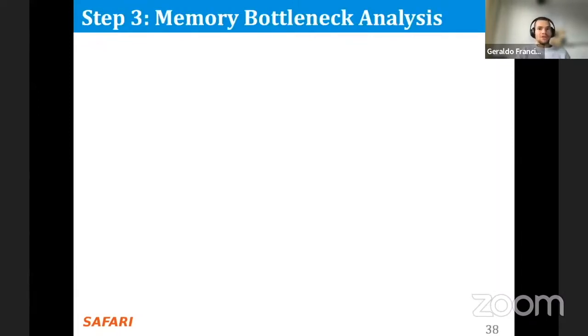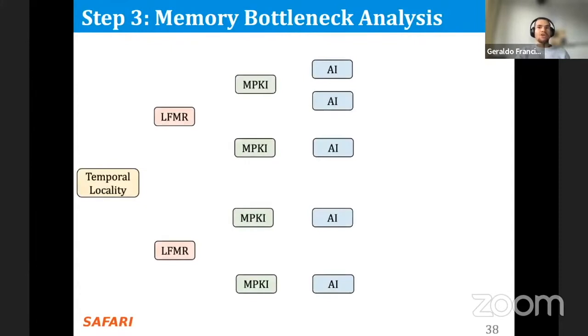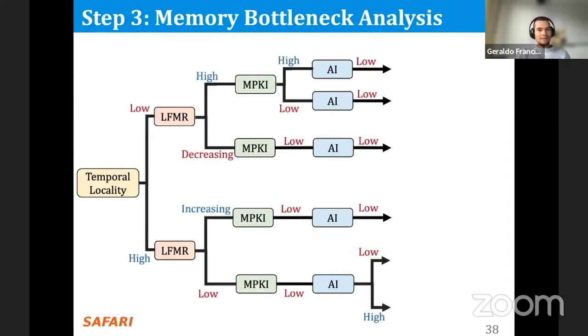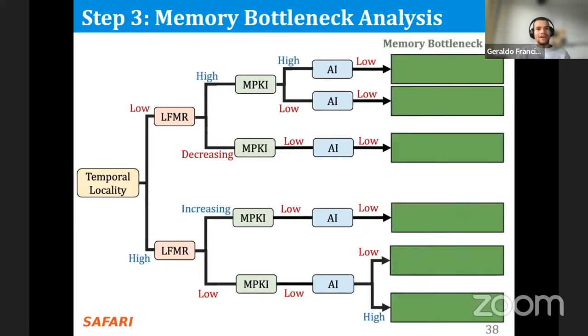Within the two groups of functions we identified, we use four key metrics: arithmetic intensity, MPKI, last-to-first miss ratio, or LFMR, and temporal locality, to classify the memory bottlenecks of applications. Based on that, we find that 6 classes of functions emerge, which I'm going to explain each one in detail next.